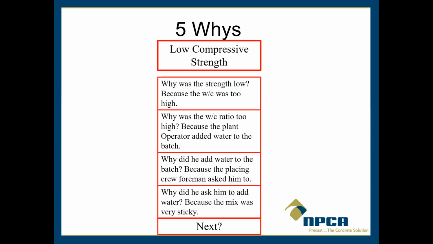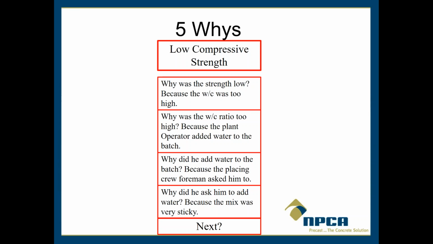And of course, that's the next question: what would I ask next? So I can go a lot of directions here. Obviously, the next question is, why was the mix very sticky? Well, in a lot of cases, the mix is sticky because you need very high early strengths. So you have low water cement ratios, you have high powder contents.